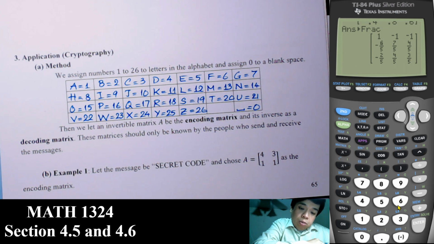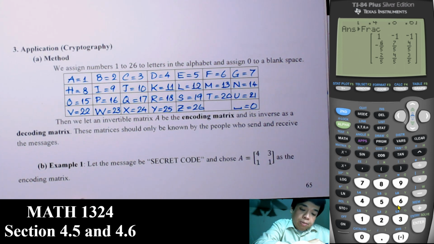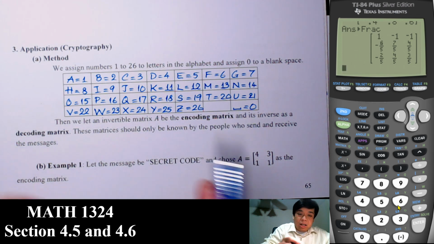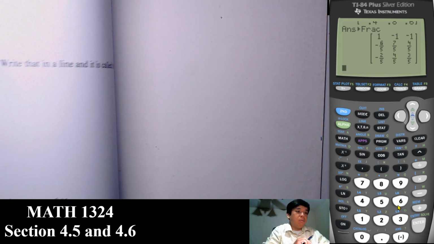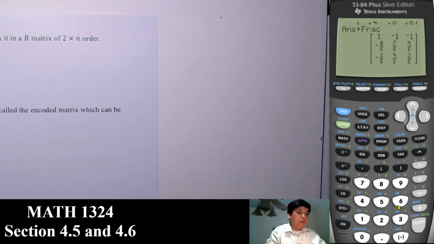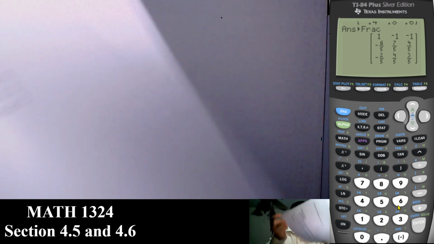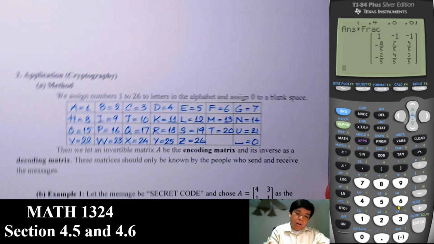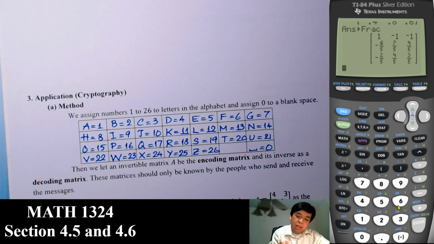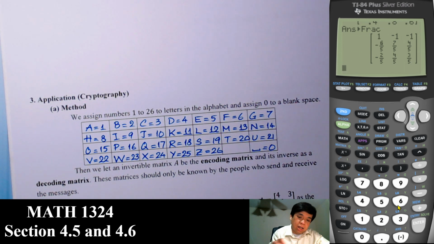Now to encode, what we do is write the message with numbers, and then we stack it. Right. So first, let the message be secret code, and we choose this matrix A as the encoding matrix.